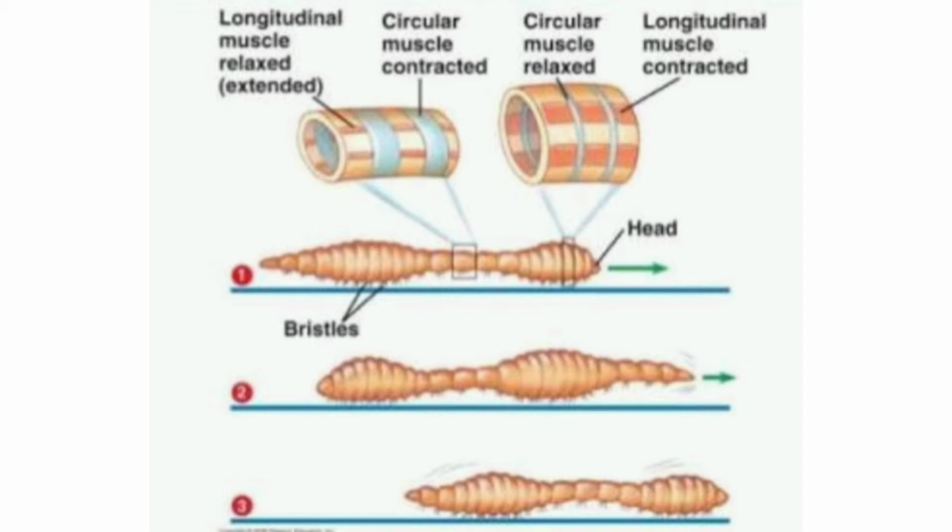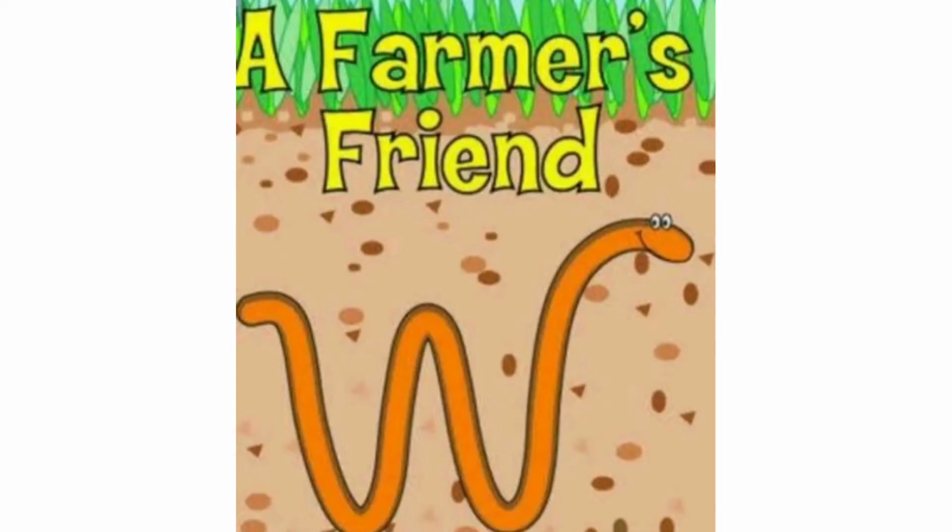When the lengthwise muscles tighten, the worm gets shorter and fatter. Earthworm moves with the help of contraction and relaxation of their body segments.